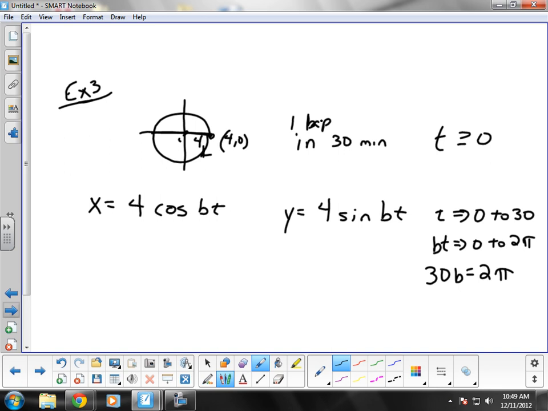My time? T is time, remember. So I kind of turned it around. We had b times t. Now I've got t times b. You're all right with that, though, right? 30 minutes still means the same thing. All right, good deal. So that's a complete circle is what we're saying there. You get that? So b is equal to 2 pi divided by 30.